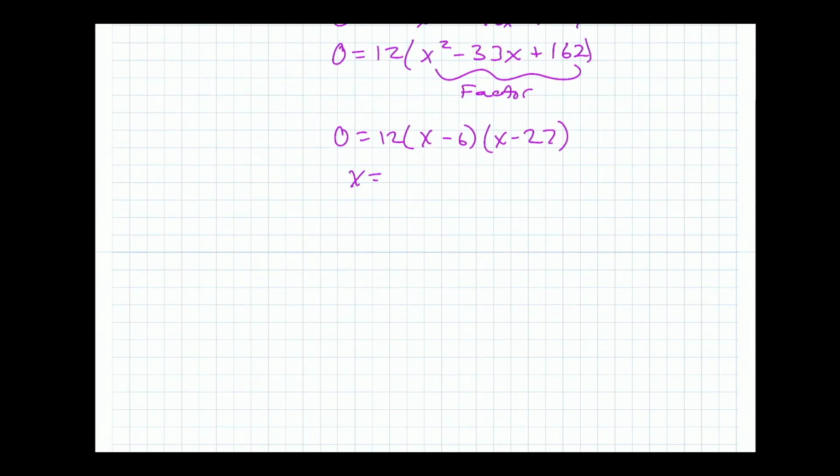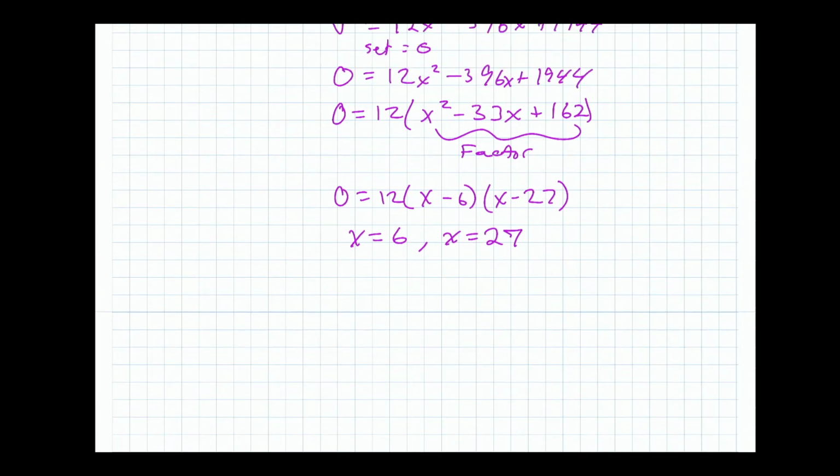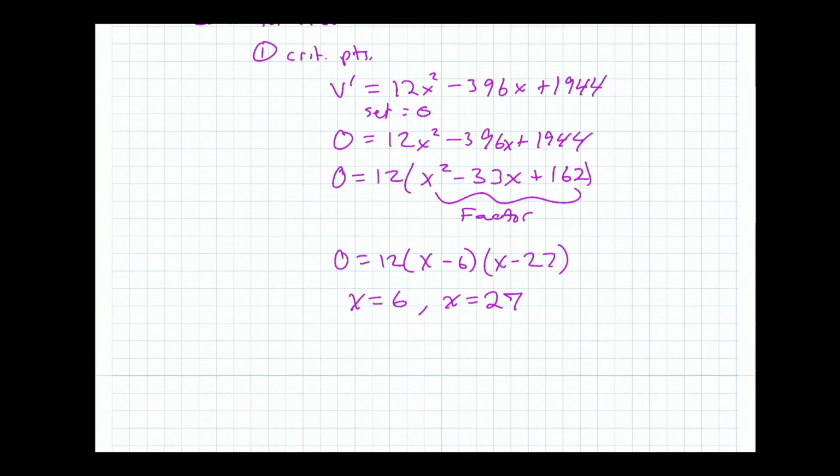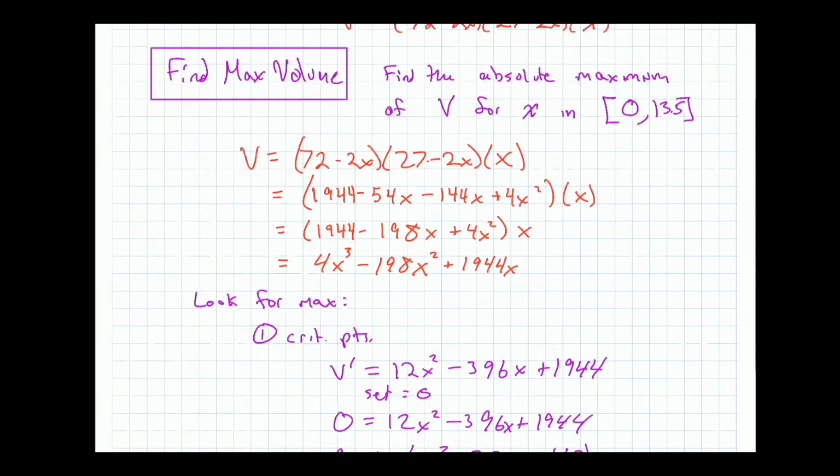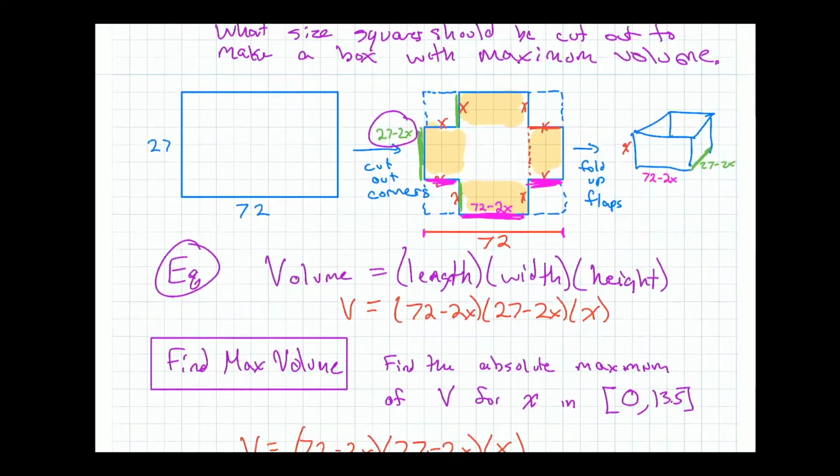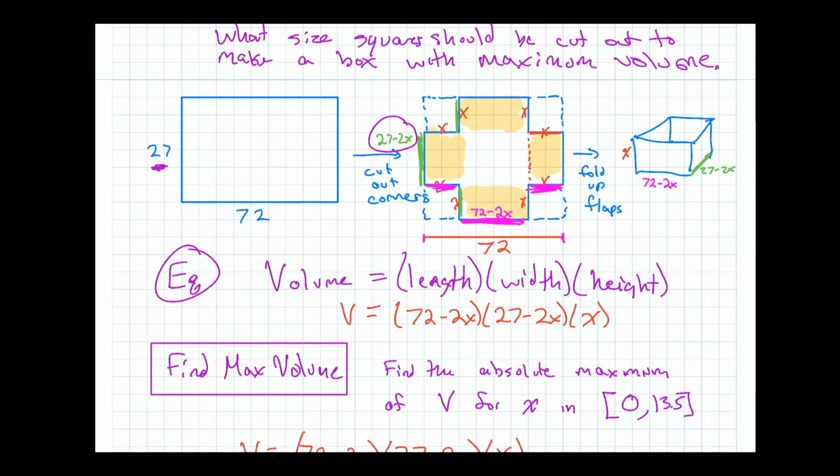And I get x equals 6 and x equals 27. All right. Now, something that you can see right away is that 27 is not going to be the answer, right? Couldn't possibly be the answer because x equals 27, you can't cut 27 inches out of the corner of a side that's 27.